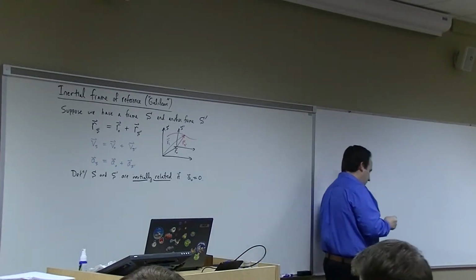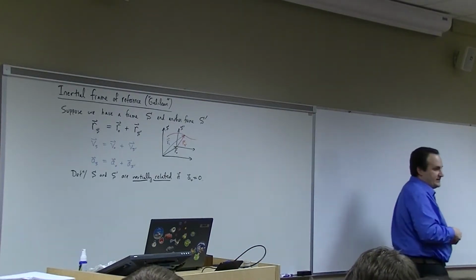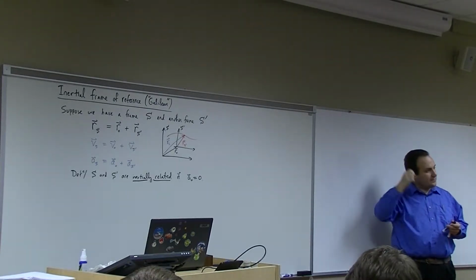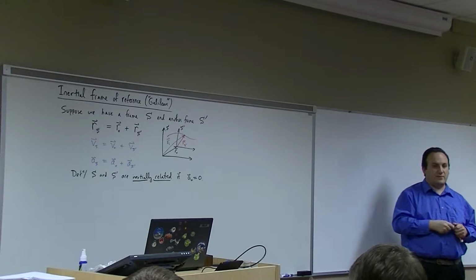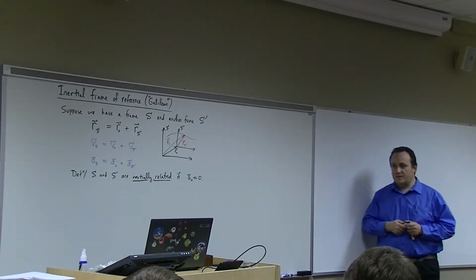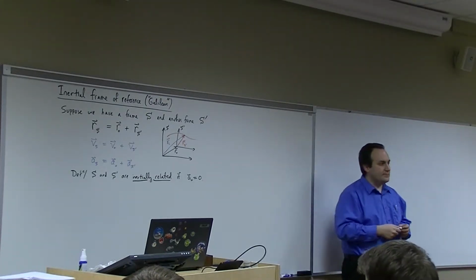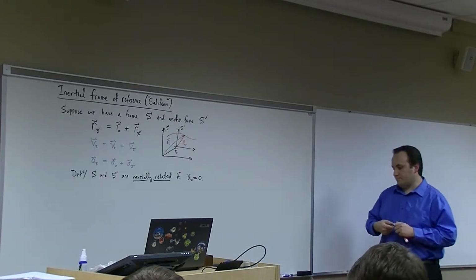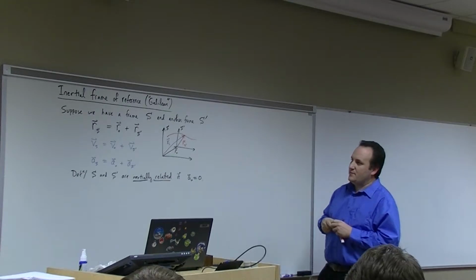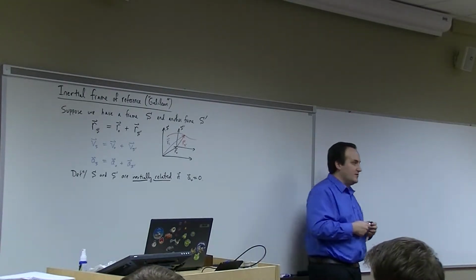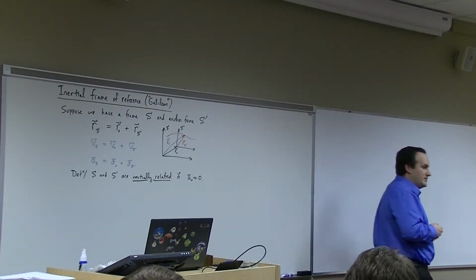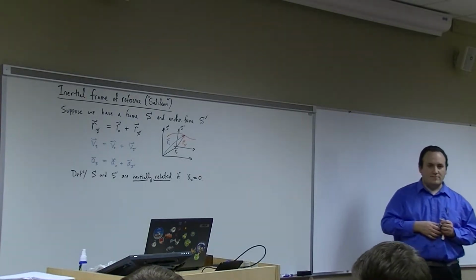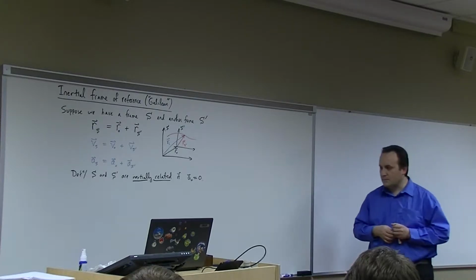In other words, if the origin of the moving frame is not accelerating in the given frame. So the given frame S is thought of as being a fixed inertial frame. I suppose if you wanted to be weird, you could think of S as being a moving coordinate system and then S prime being a similarly moving coordinate system, but I don't see that done as much. It kind of hurts my head to think about it a little bit.